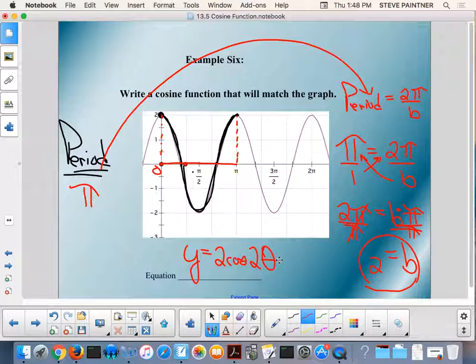Did I already say this? Okay, now I'm saying it. Tuesday, Wednesday, graph sine. Goes right here. You can write the period and what else do they want?